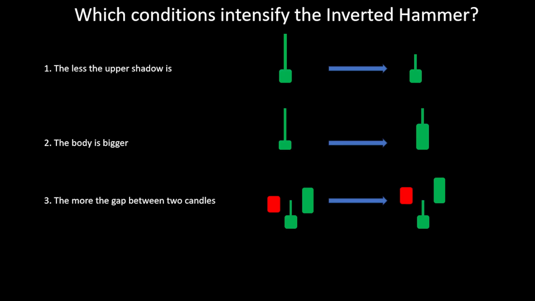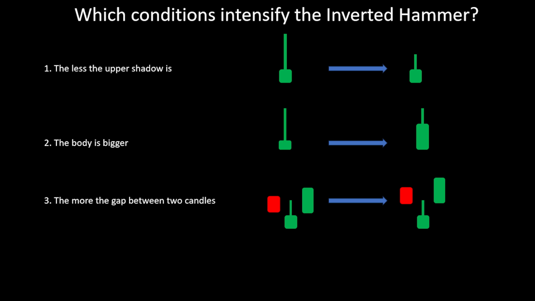About inverted hammer, we can say as much as the upper wick is smaller, the pattern is more powerful. The second one is the body is bigger. This means as much as the real body is bigger, this candle has more power to reverse the trend.